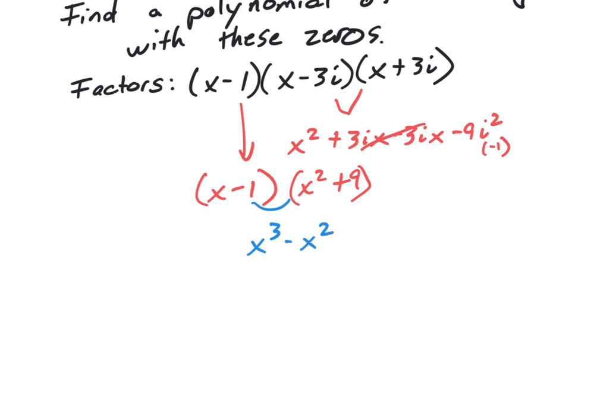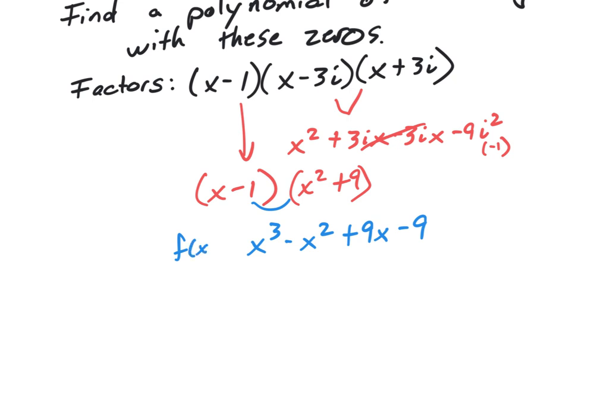I'm going to do it a little bit out of order. I'm going to do the inside part first, that way it's in standard form, minus x squared. And then I'm going to take x times 9. I know we usually do the outside and then the inside, but that way we don't have to rewrite it when we get done. And then negative 1 times 9 is negative 9.